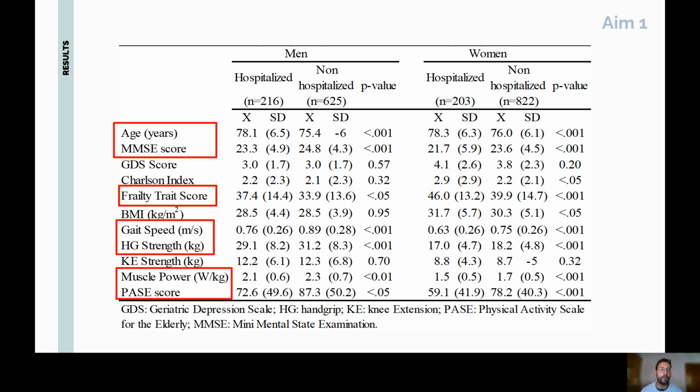Basically, those that were hospitalized were older, had a worse cognitive function, were more frail, were able to walk at a lower speed, had less strength, and were less powerful. And also they had less physical activity, which was measured with the Physical Activity Scale for the Elderly test. This is almost the same for women and for men.